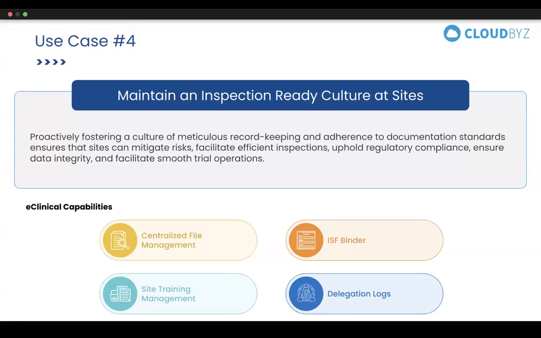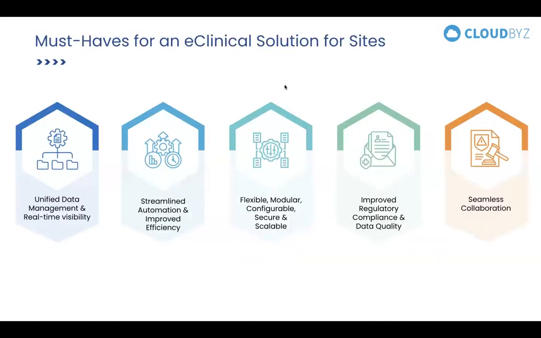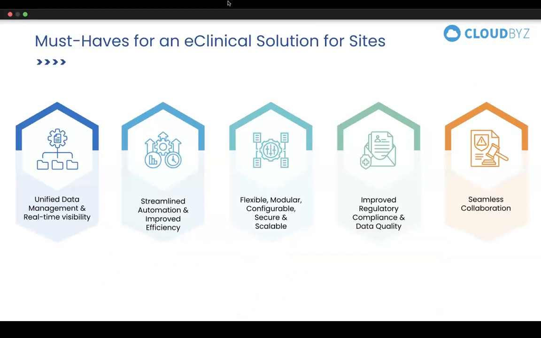Okay, so now that we have explored these popular use cases of clinical systems in running clinical trial operations, let's try to understand what are the key features one must look out for while procuring these systems. So, we all know in the world of clinical research, precision and efficiency are paramount, and innovation is obviously the key.